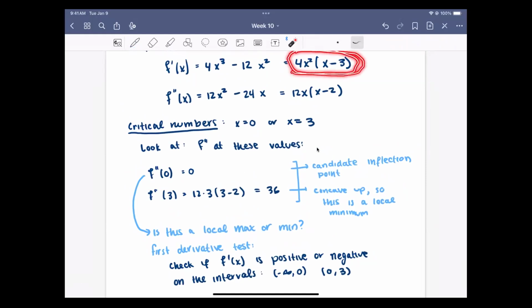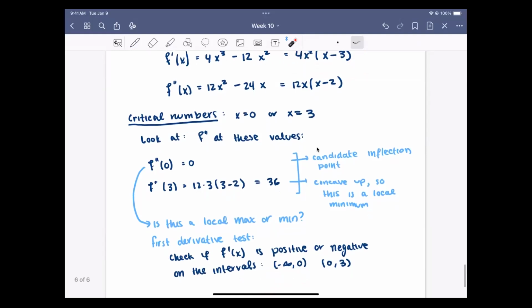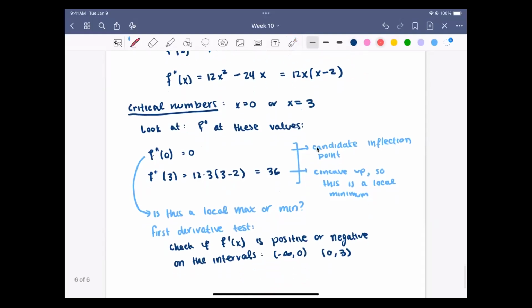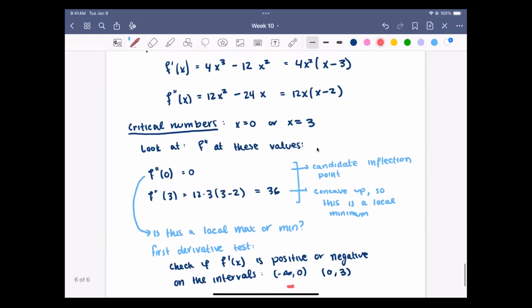Is this positive or negative for values of x that are less than 0? So is it positive or negative on this interval? Yeah, so it's going to be negative there. And then what about for values of x coming from 0 to 3? Yeah, so this is also going to be negative.